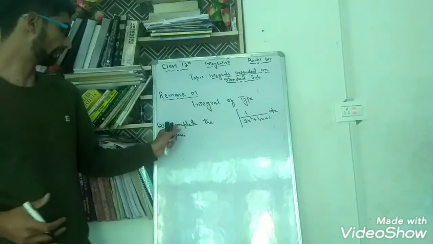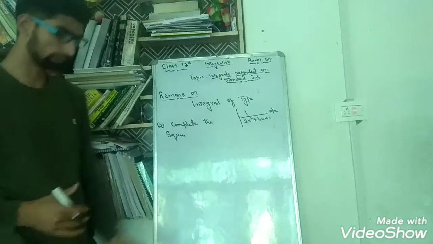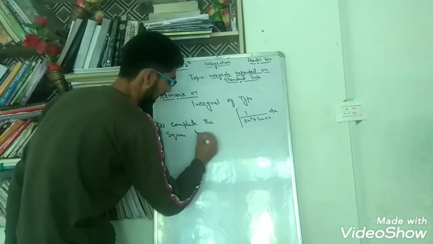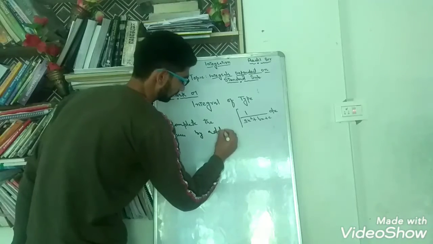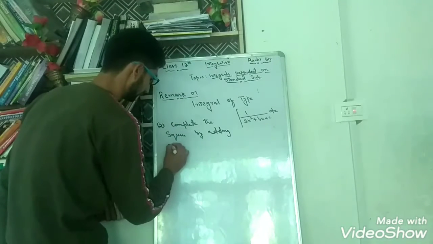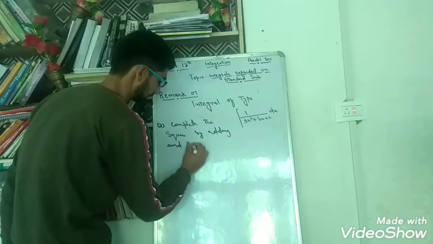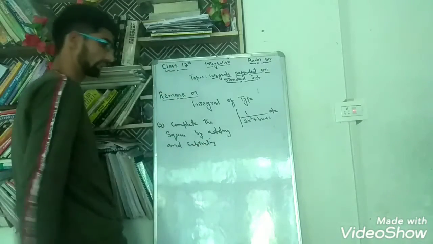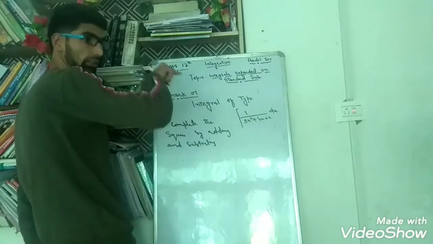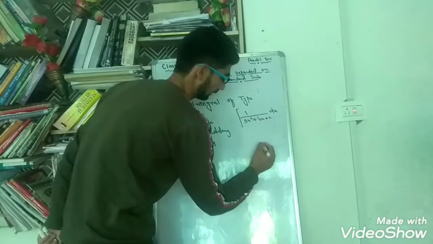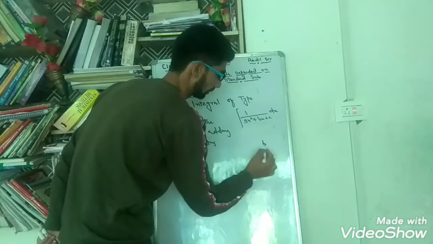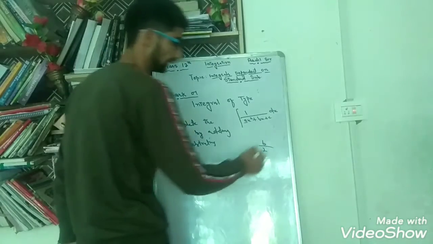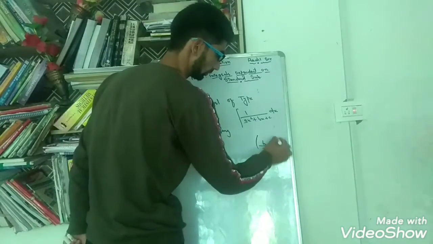Now we will write here: complete the square by adding and subtracting. What are we adding in the completing the square method? We take the quotient of x, divide it by 2, and then take it as a square.